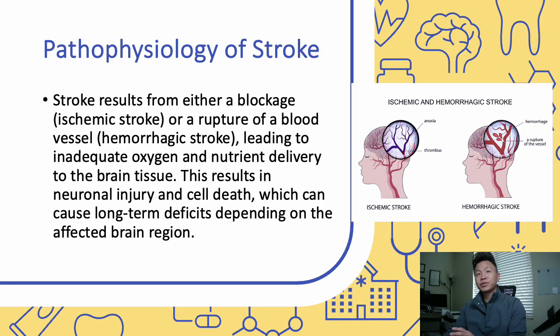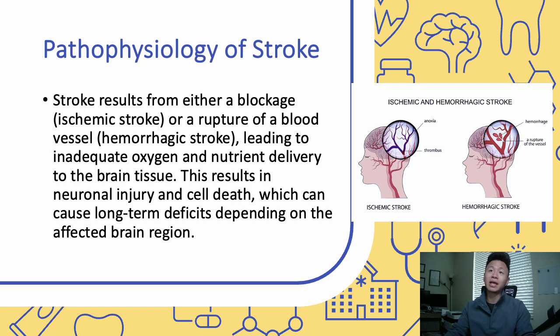Now, pathophysiology of stroke. As you can see here, we have two types of stroke: ischemic versus hemorrhagic stroke. They vary greatly in the cause and in what they need as treatment, but the idea is the same. In an ischemic stroke, there is a blood, air, or fat clot that lodges into one of the arteries that feed a section of your brain and causes cellular damage or, in the end, cellular death.